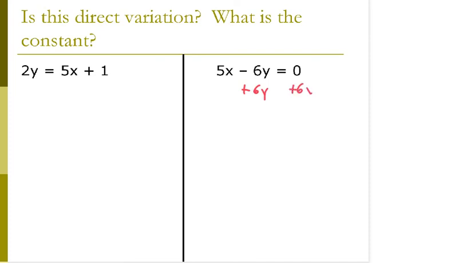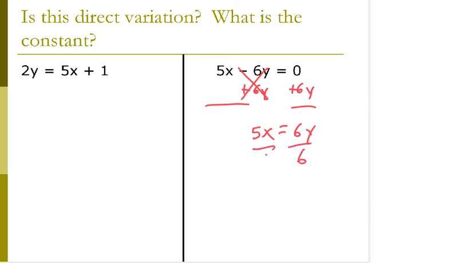If we were to divide both sides by 6 in order to isolate the y, we would end up with 5/6 x equals y.